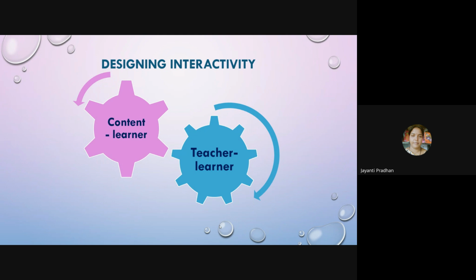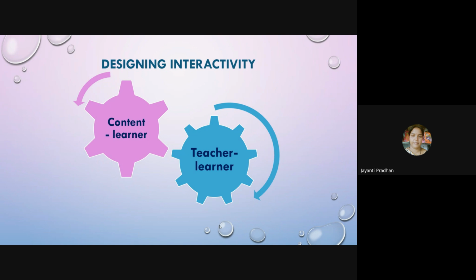So this self-learning material should be designed in a way that it must attract the learners to read about the material. It must attract the learner, it must engage the learner, it must be interesting for the learner, so that we can make content and learner interactivity.